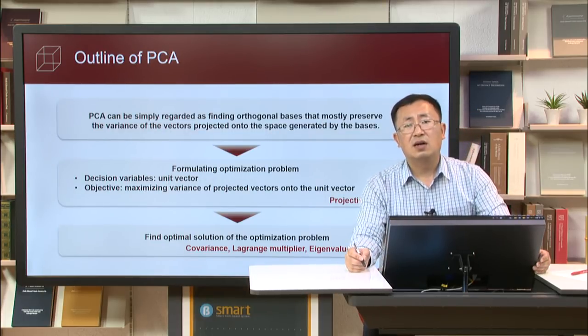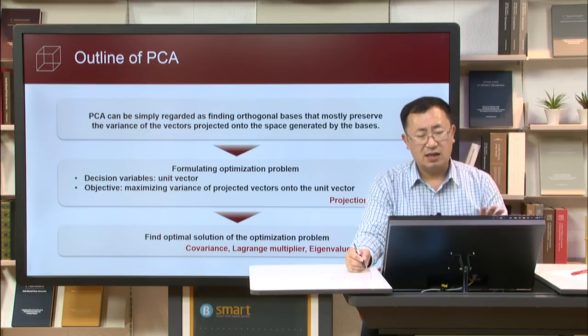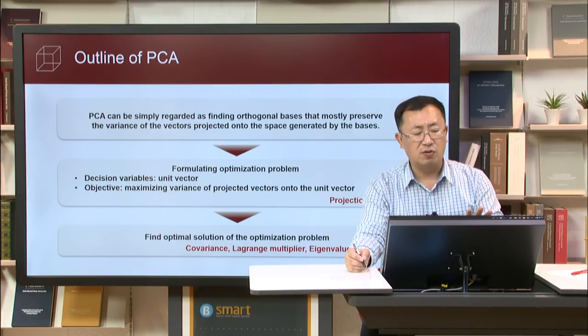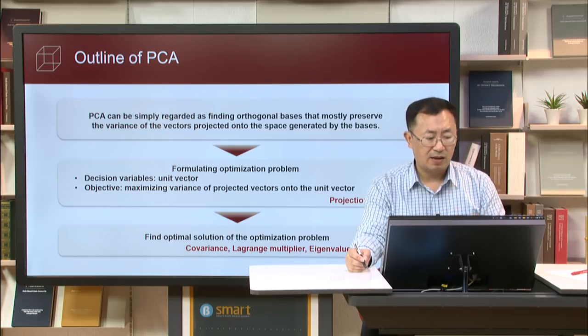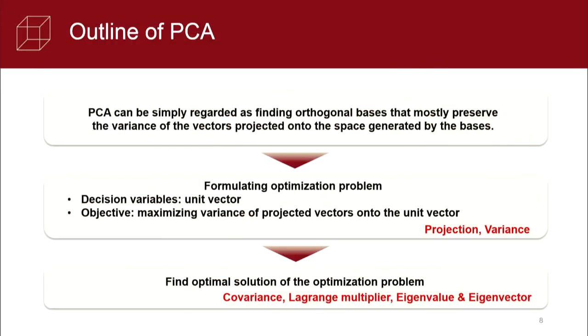Right, so in this slide, I'd like to provide you an overview of PCA. In other words, we try to find the so-called principal components. Basically, PCA can simply be regarded as finding orthogonal bases that most preserve the variance of the vectors projected onto the space generated by the orthogonal bases, right?